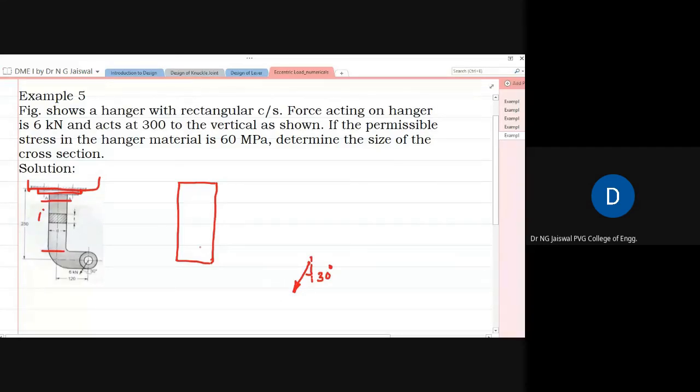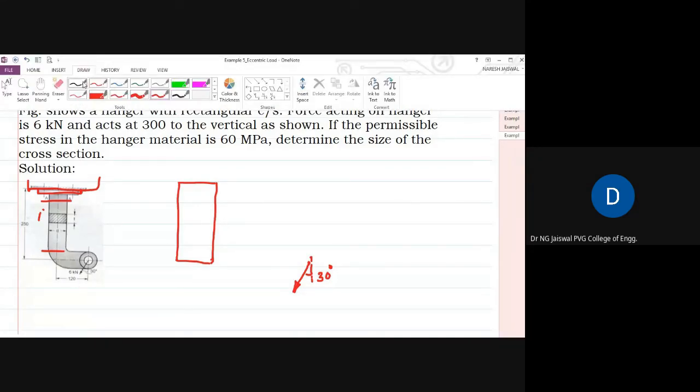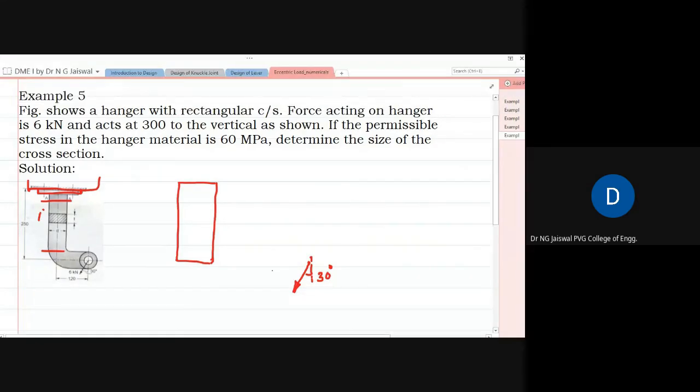Now, how to transfer this force? What you have to do, simply, is divide this force into two components. One component is this way, and the other component is this one. Resolve this into two components.